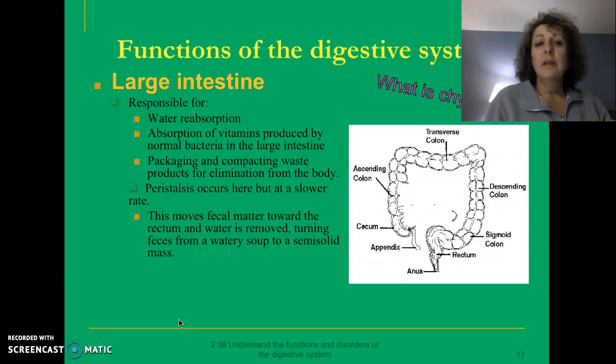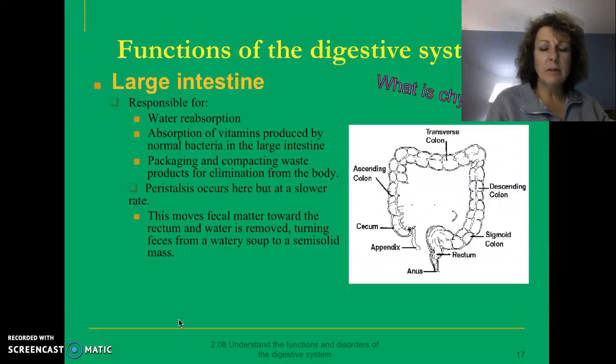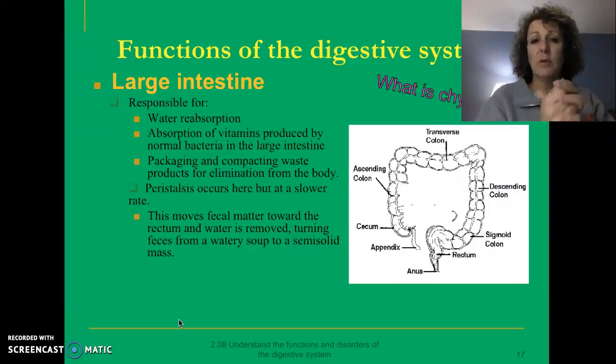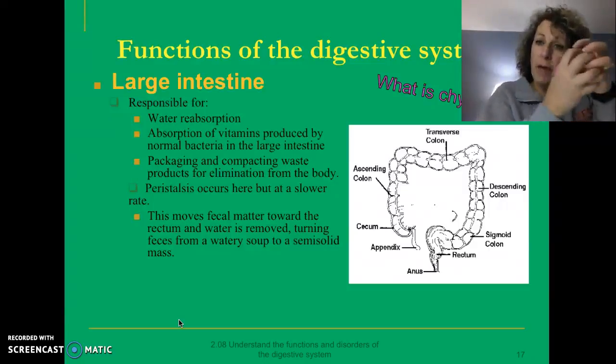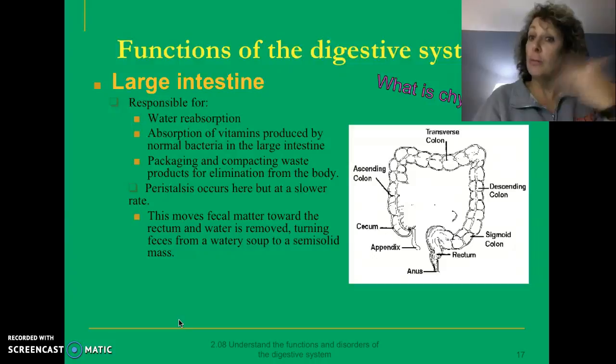Large intestines is where a lot of water is absorbed. Also vitamins are absorbed there. So what happens in the large intestine is, whatever the small intestine didn't want gets thrown into the large intestine. What it does is compact the waste products and get ready to eliminate it, otherwise known as your poo.